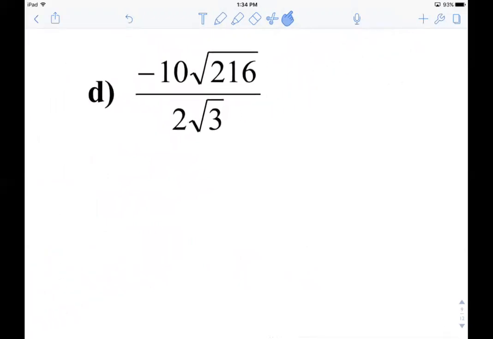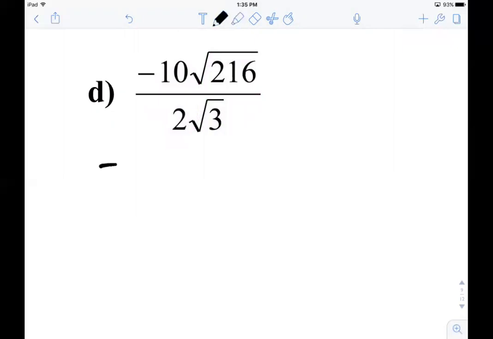And now let's try and do something similar for this one, except in this case, the radical that I do have on top is 216, and that means I can try and, if possible, divide it nicely with something on the bottom. And in this case, it actually does divide nicely with the radical on the bottom. So when this occurs, you can think of it as essentially dividing the number parts and separately dividing what you have inside of the radicals.